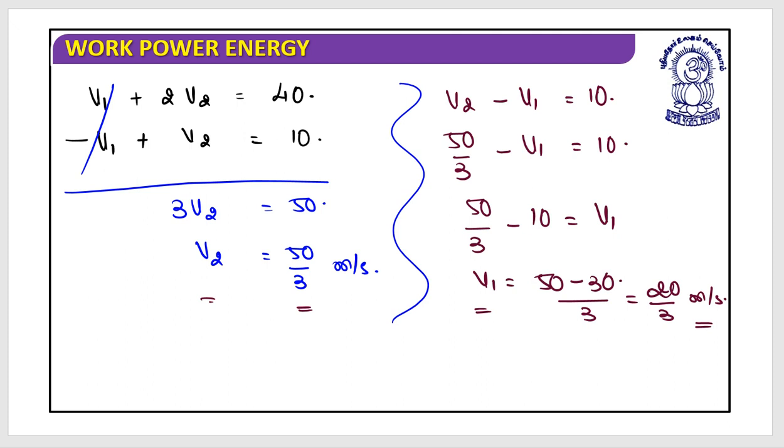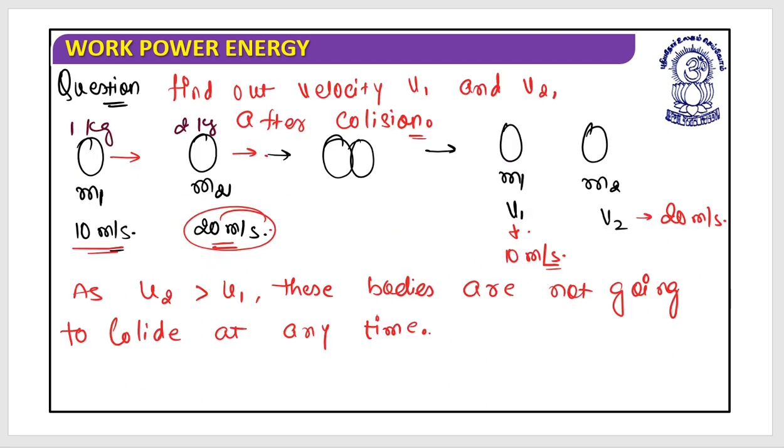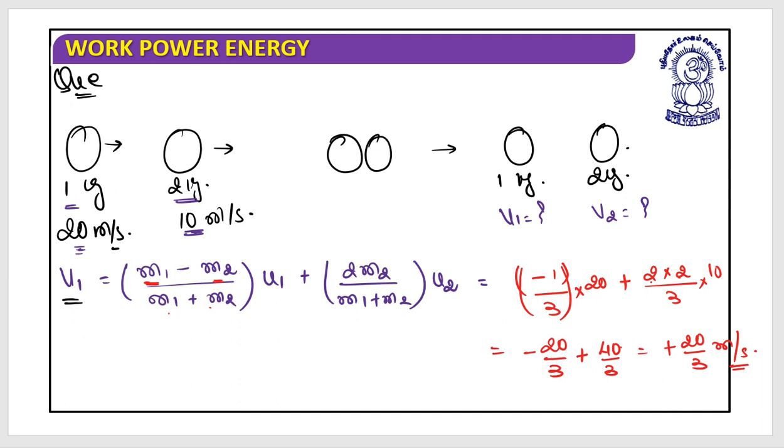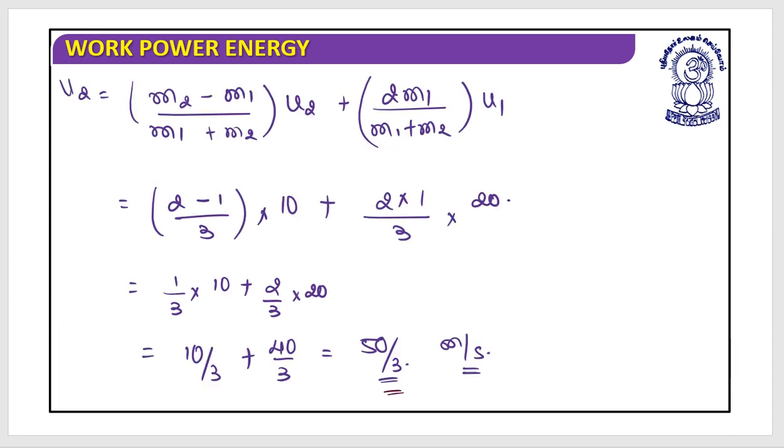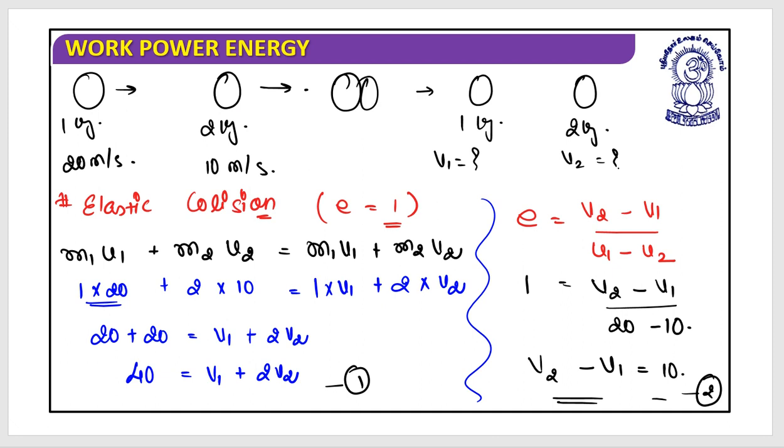If you observe this, v1 was 20 by 3 by the formula approach, and v2 was 50 by 3. These are the same answers that I achieved, which is common sense, since the answer must be the same. So this is the second approach if you forget the formula.